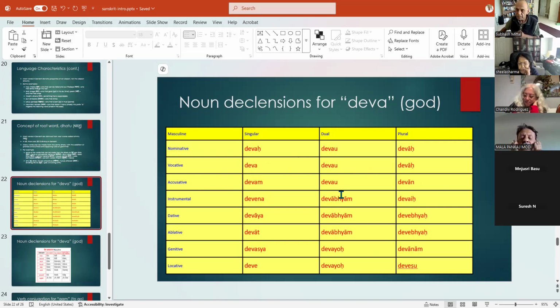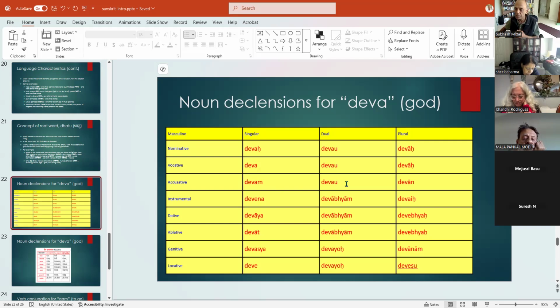For example, if I were to say, I am giving the book to Deva, that the "to Deva" becomes accusative. So aham devam pustakam dadami. Just a quick example. Aham devam pustakam dadami. That I'm giving the book to Deva.